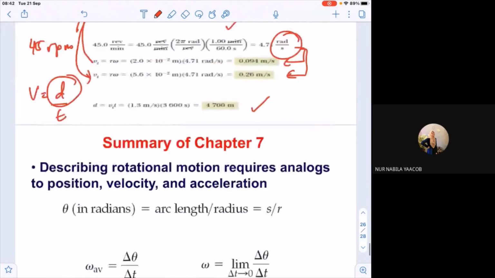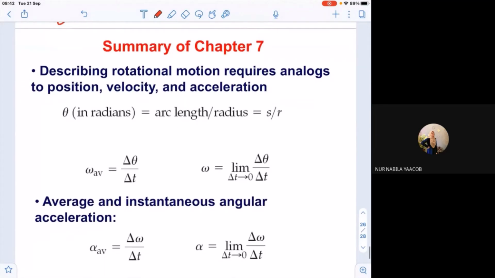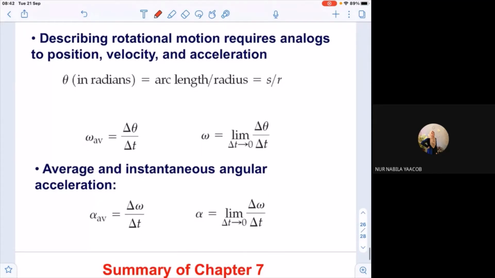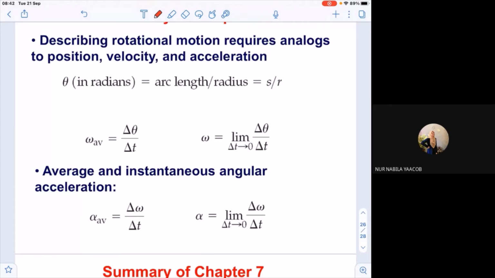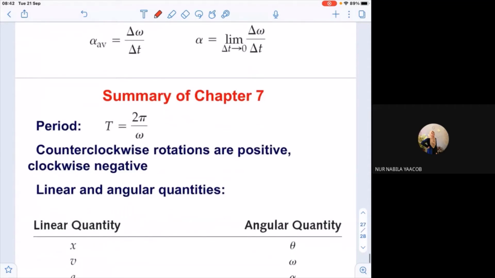So we should recap the summary of chapter 7. When we discuss rotational or angular position, we talk about theta. We talk about omega, which is angular velocity, and alpha as angular acceleration. The period is T equals 2 pi over omega.